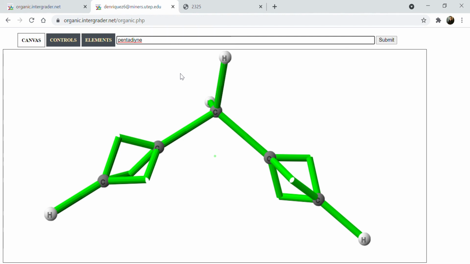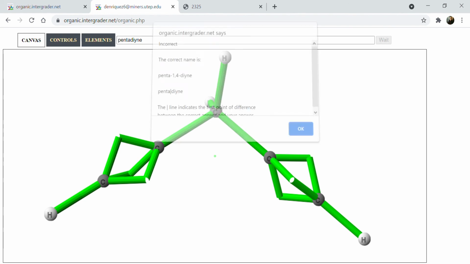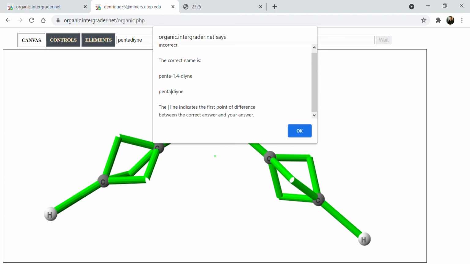Let's just leave it like this without the numbers and let's see if it marks it right or wrong. Okay, so we got it right the first time. Okay, so I know for sure for the butane you can leave it as butadiyne, but for this one you'll have to number it.